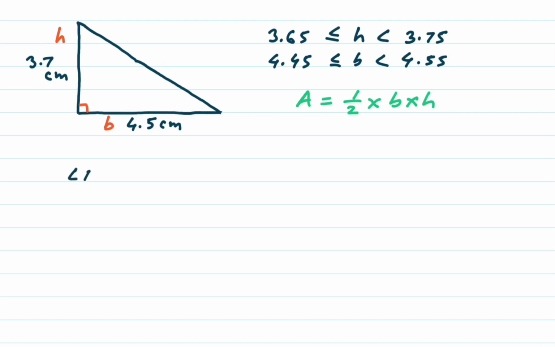So, the lower bound of the area is equal to 1 over 2 times the lower bound of the base, which is 4.45, times the lower bound of the height, which is 3.65.